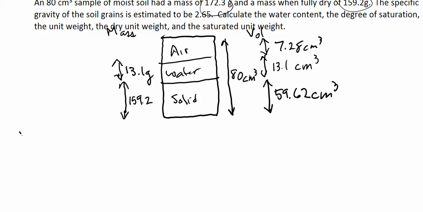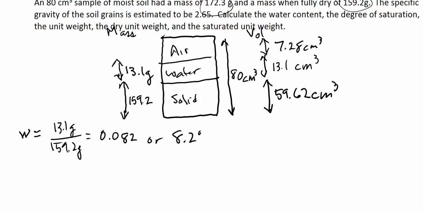We can get the water content as the mass of the water, 13.1 grams, divided by the mass of the soil, 159.2 grams. I got an answer of 0.082 or 8.2%. So I'm going to write my answers over here. Water content is equal to 8.2%.